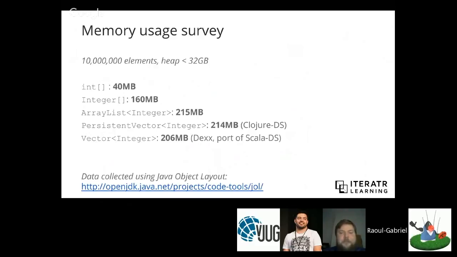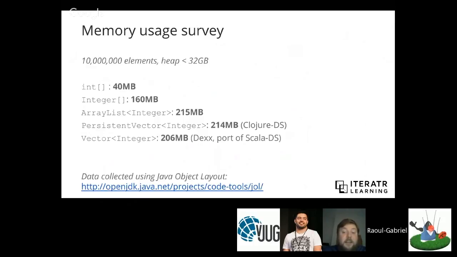But actually, as Raoul was doing, he did a quick benchmark here with the Java Object Layout project, which is a really good tool if you want to see how much memory this class or this data structure actually eats up. And obviously, if you're trying to store some integer values, the best way memory consumption-wise is the primitive int array.